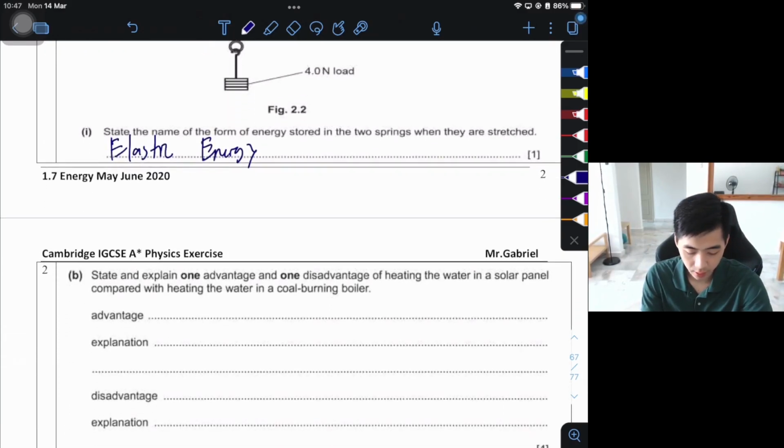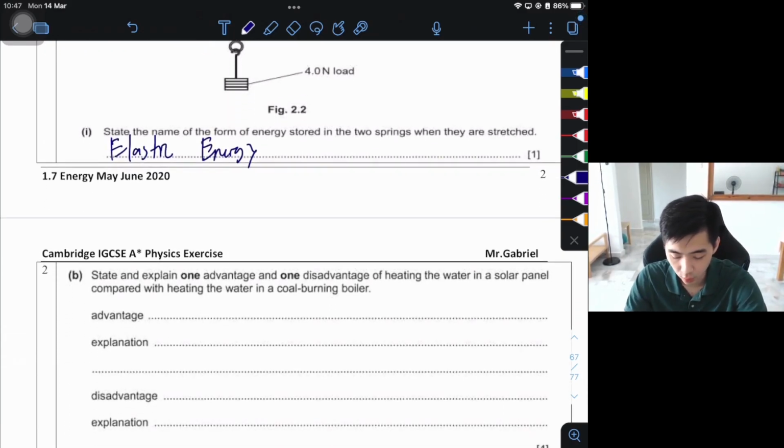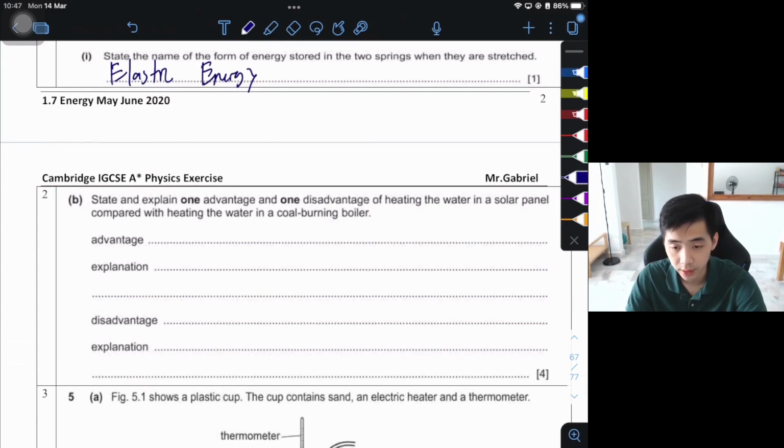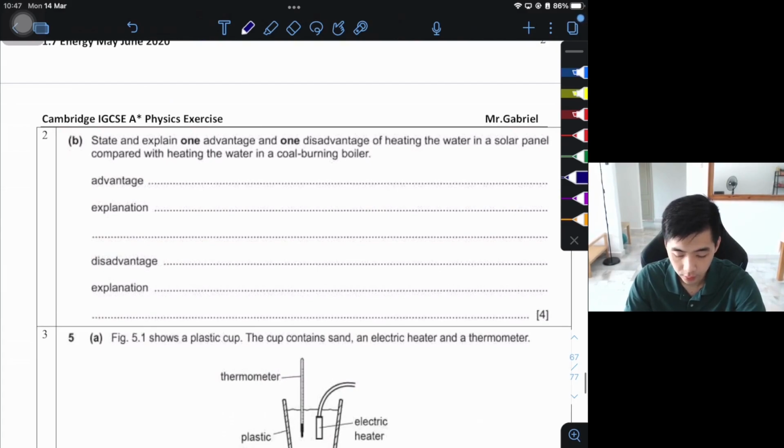State and explain one advantage and one disadvantage of heating water in solar panels compared with heating water in a coal burning boiler here.